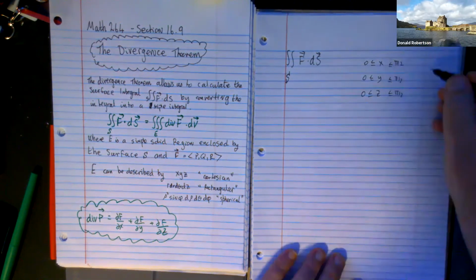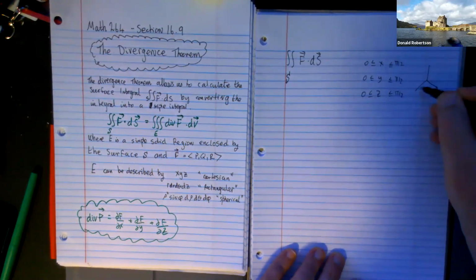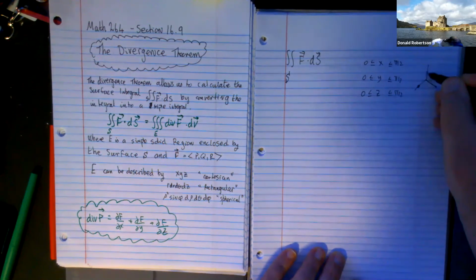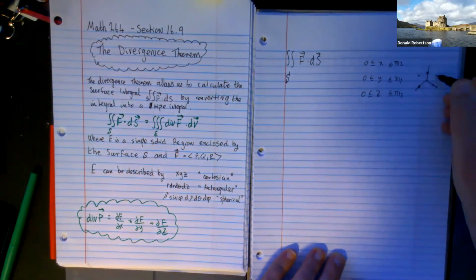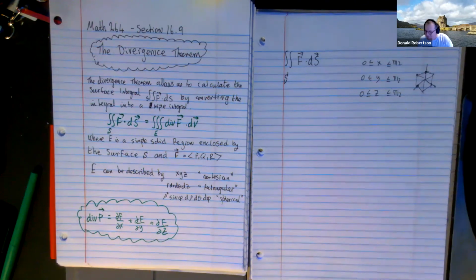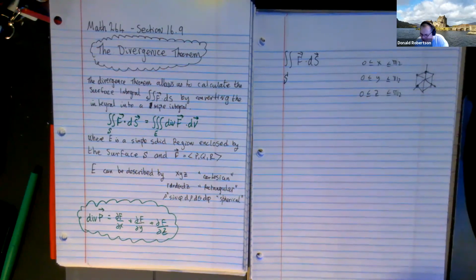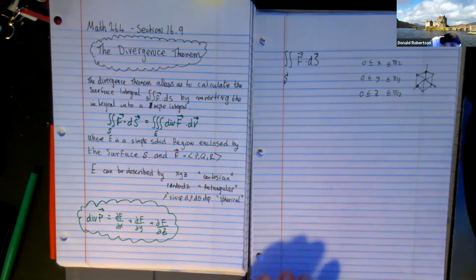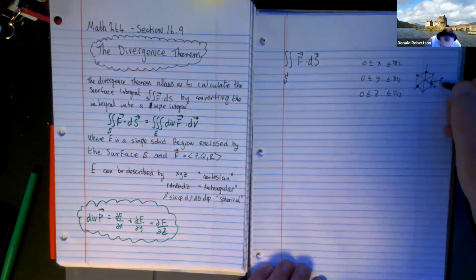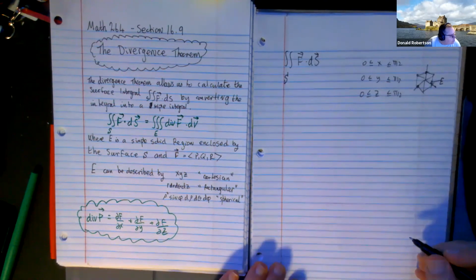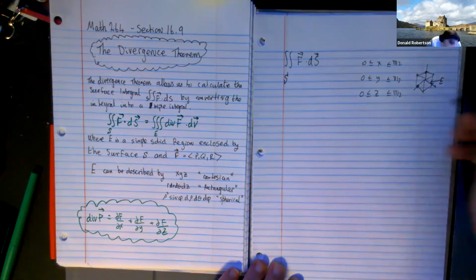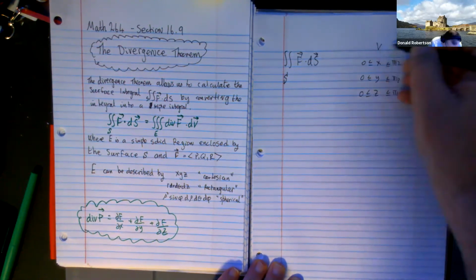I could even kind of sort of draw it. Yay, cube. Right? That's the solid. That's what E looks like. So what we got to do? Well, this fella is done, right? There's E.